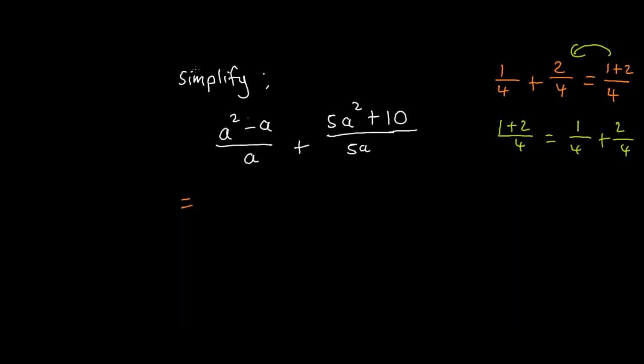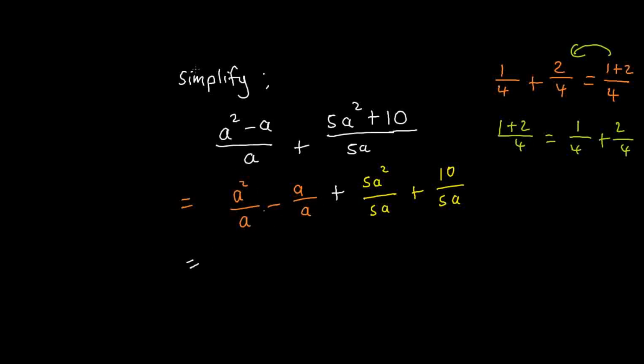So this is equal to, now for the first term, I'm going to split this up into two fractions. A squared divided by a minus a over a, plus, now I can split this term into two fractions as well. It's going to be 5a squared over 5a plus 10 over 5a, right? And now I can calculate that accordingly. I can use the second law of exponents to simplify each term.